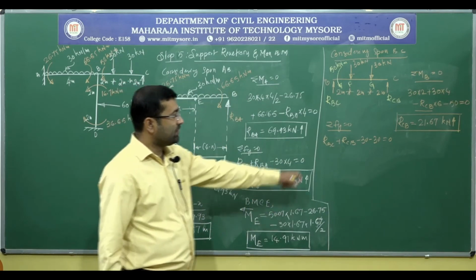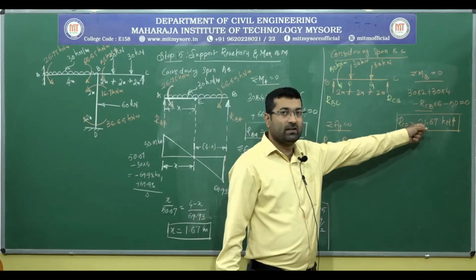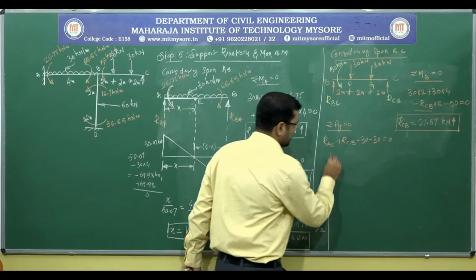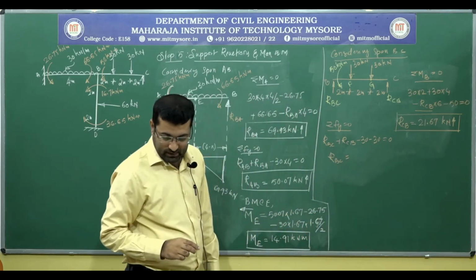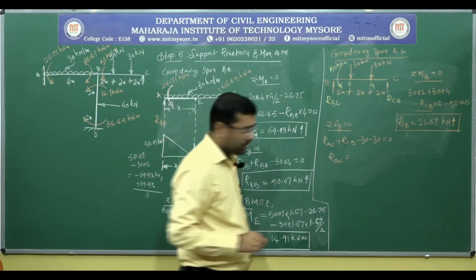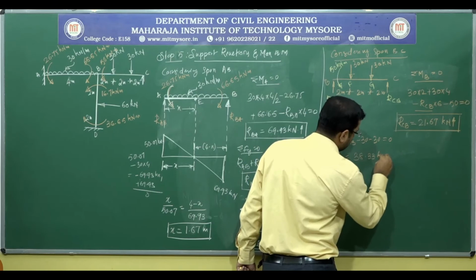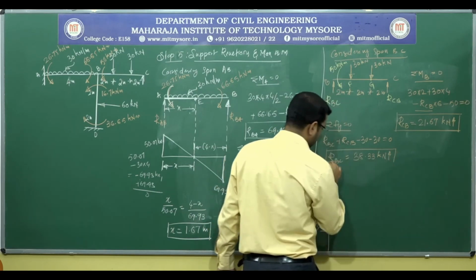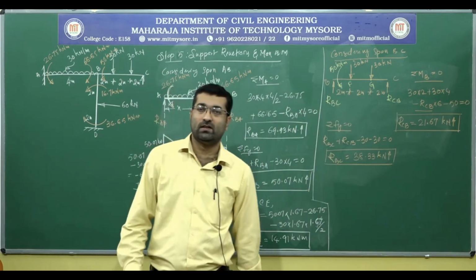So here in the equation we have two variables, RBC and RCB. RCB we have already determined. So substitute the value of RCB here, you will get RBC. So RBC we will get it as 38.33 kilonewtons. So these are the support reactions, right?